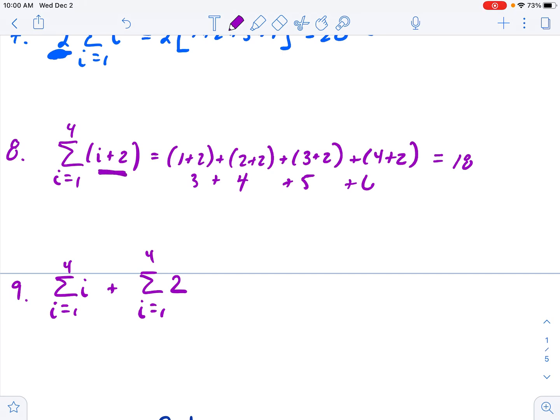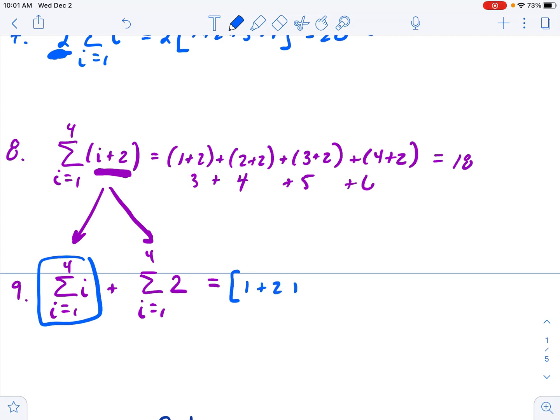I basically have something similar to 8, except instead of having the sum inside of a single summation, I've broken it up into the sum of the individual terms, still both i's going from 1 to 4. So let's see what happens here. Focusing on this first one, that's going to be 1 plus 2 plus 3 plus 4.